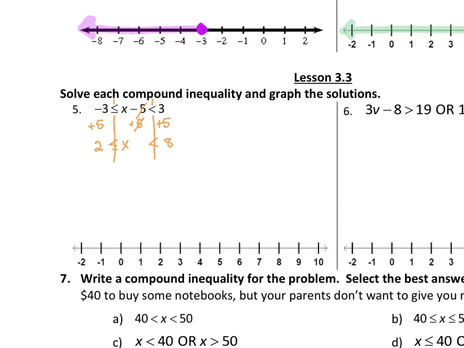So when I graph this one, I've got a closed circle at 2 because there is an equal sign on that side. I've got an open circle at 8. The x is between, so x represents all the possible answers, so I shade where all the possible answers are.